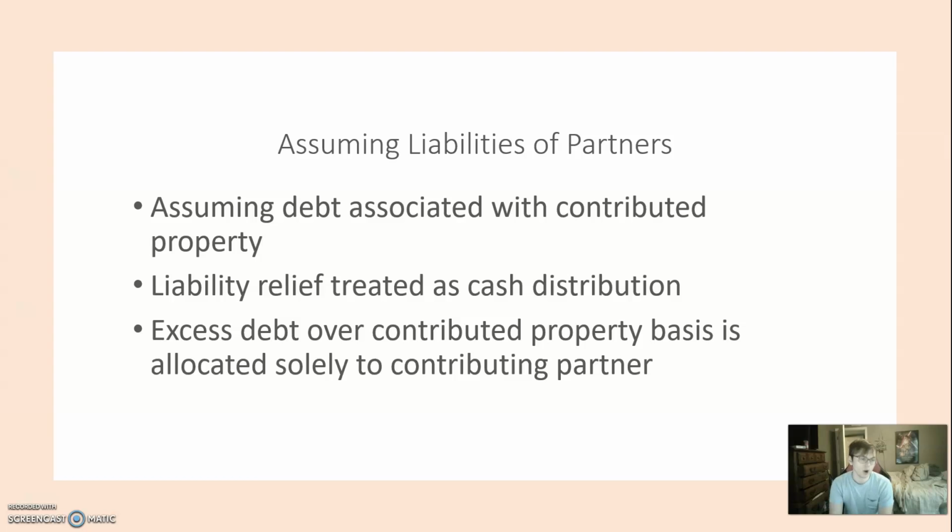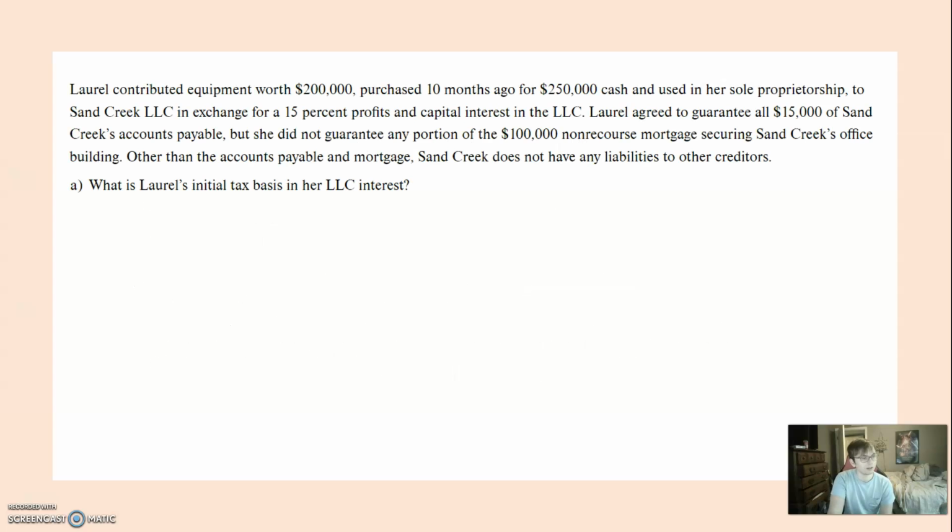Excess debt over the contributed property basis: if the building is only worth $200,000, but the debt is $250,000, that $50,000 of debt over the basis is going to be allocated solely to the contributing partner, but the first $200,000 would be allocated based off those profit sharing ratios.